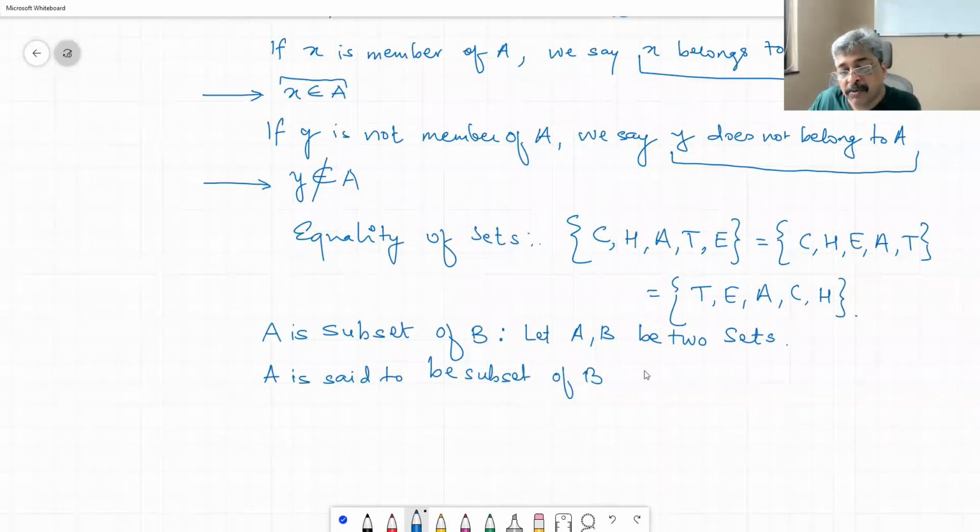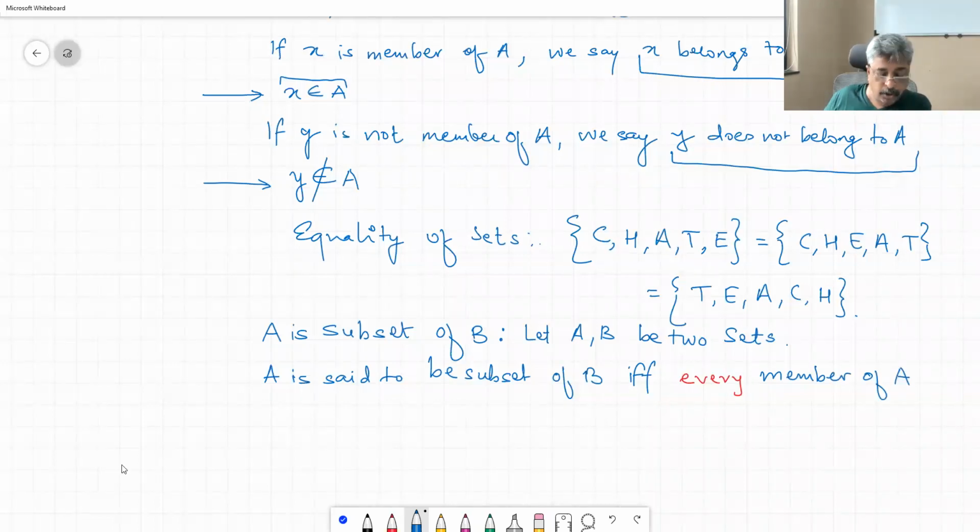If and only if, because we want it to be mathematical, all definitions are if and only if. Every member of A is also a member of B. This is an important word, maybe I write it in some other color.